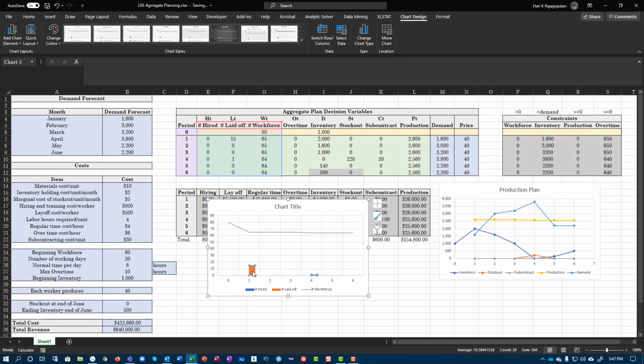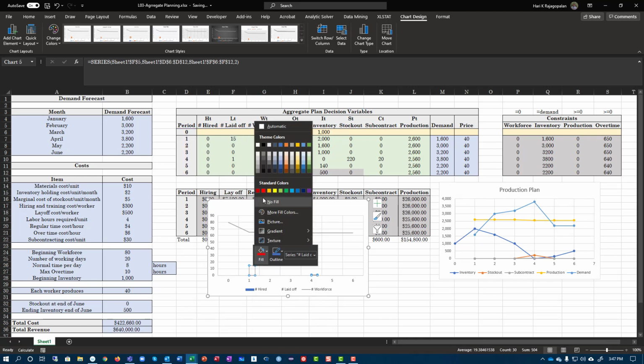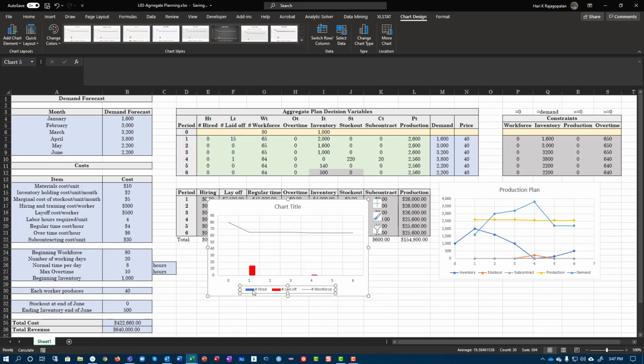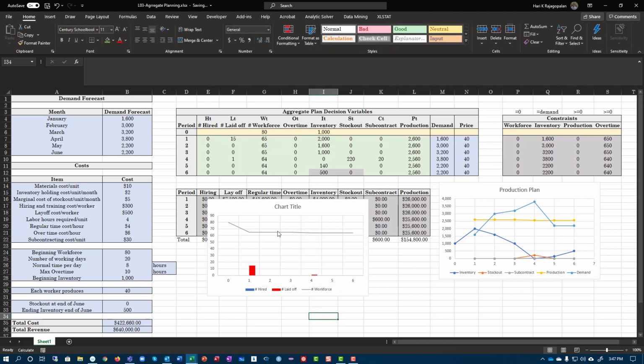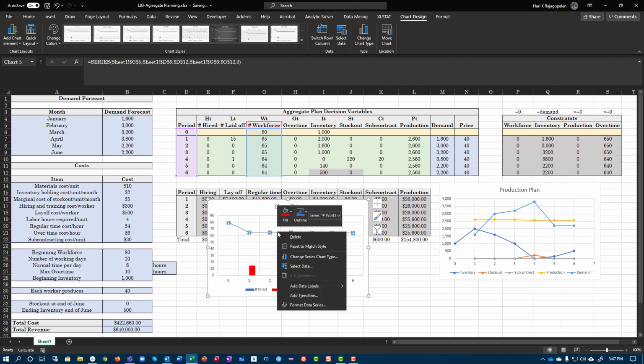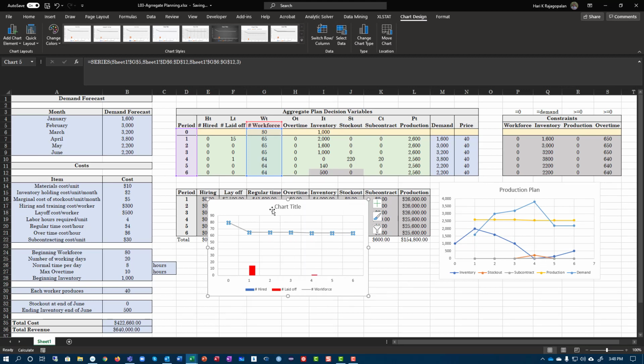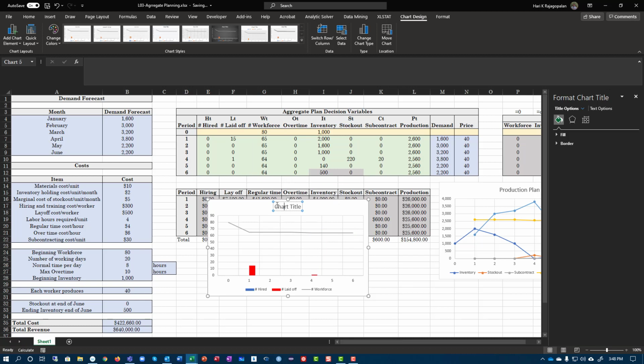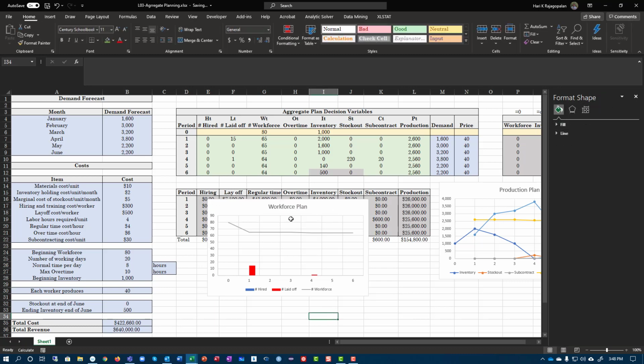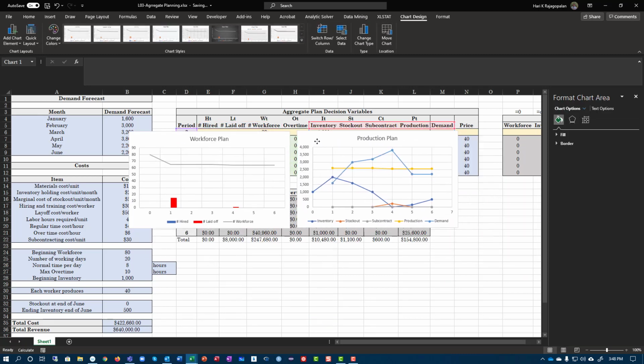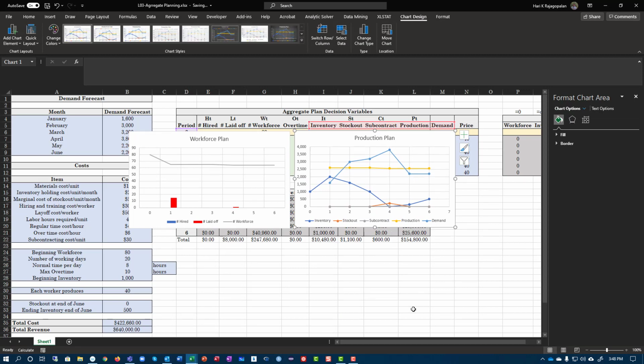And I tend to like to change this to red, and if we had hired, I would change that to green, because hiring is nice and laying off is not so nice, right? So here we go. This is your workforce plan. Again, try to have numbers. Numbers are good.